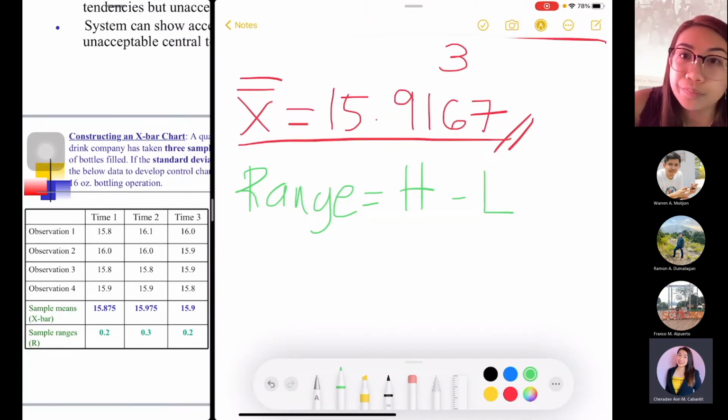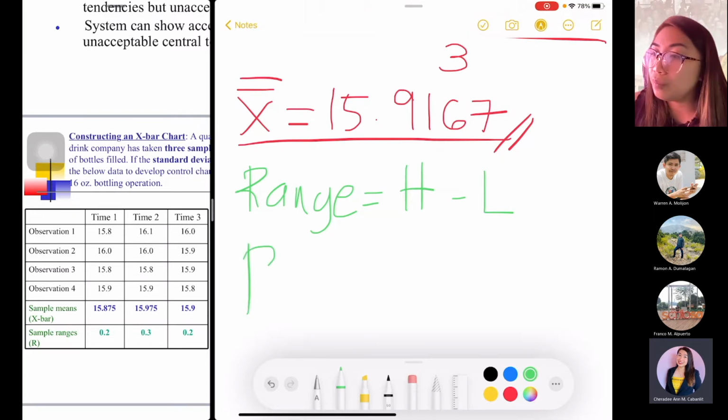Then, for time 2, 16.1 is the highest, and the lowest is 15.8. That's why it's 0.3. And then time 3, the highest is 16.0 and the lowest is 15.8. So that's why it's 0.2. Therefore, it's called bar R because you're getting the average of the ranges.